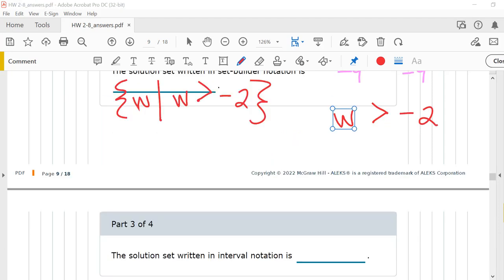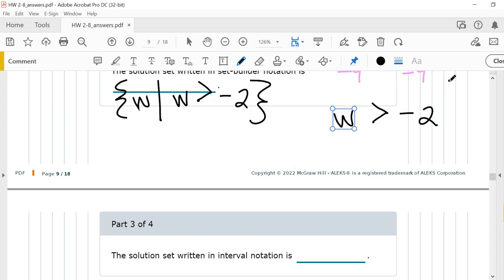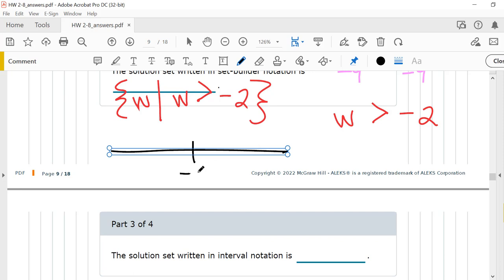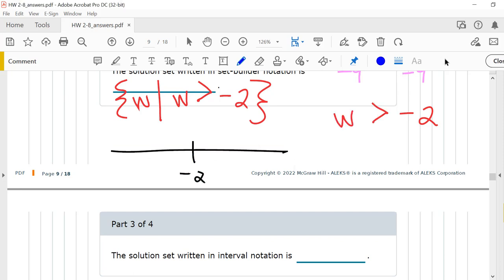For parts 3 and 4, I want to do the graph of that solution set. So here at -2, I want all numbers w such that w is greater than -2.